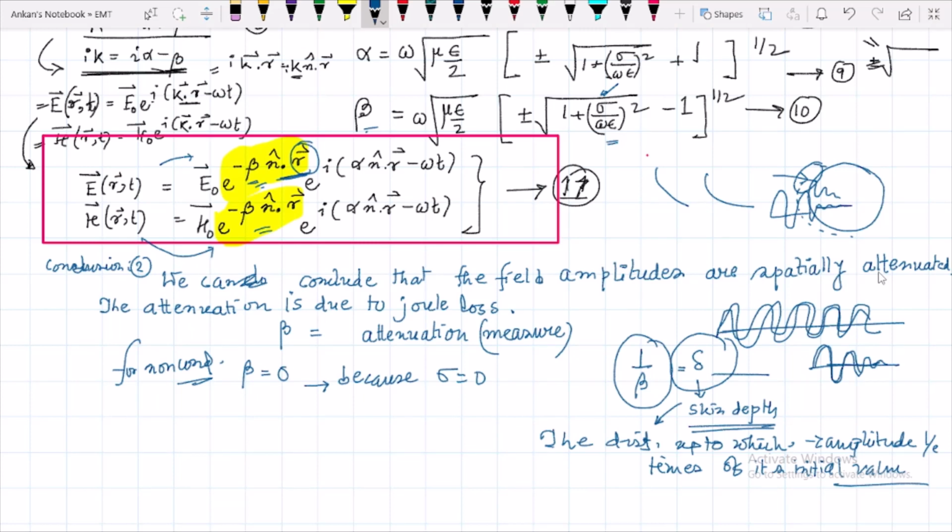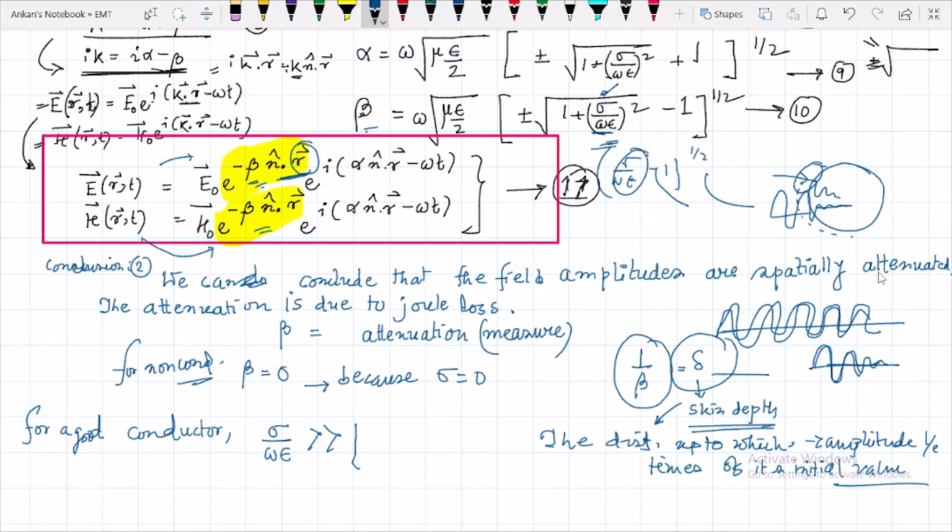Now for a good conductor, sigma is very high, so sigma by omega epsilon is much greater than 1. If this term is much greater than 1, then the square root of sigma by omega epsilon whole squared gives only sigma by omega epsilon, and minus 1 whole to the power half.